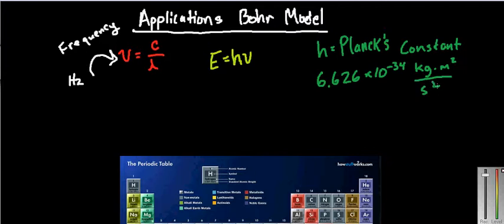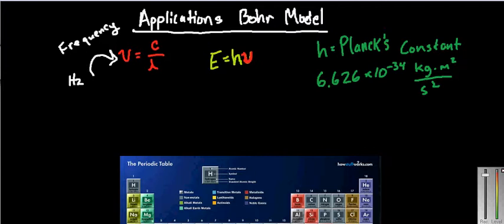So it sounds really complicated, but really all this number is doing is taking the frequency that we've discovered, and we're just putting it in terms of energy. And by doing that, we're able to alter the units a little bit so they're more favorable to us.